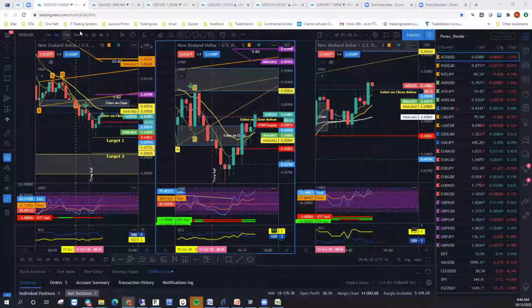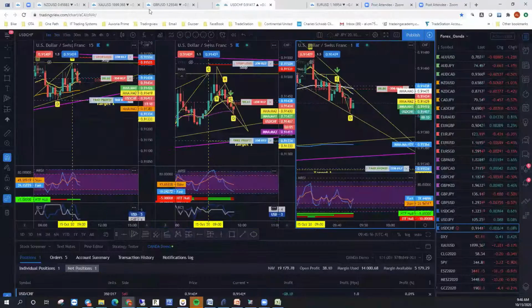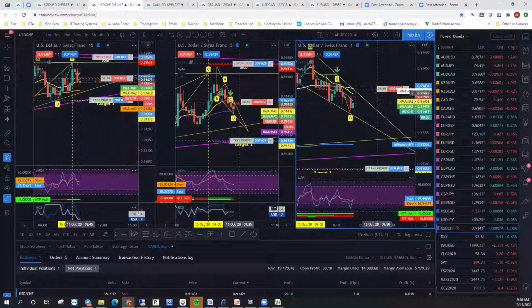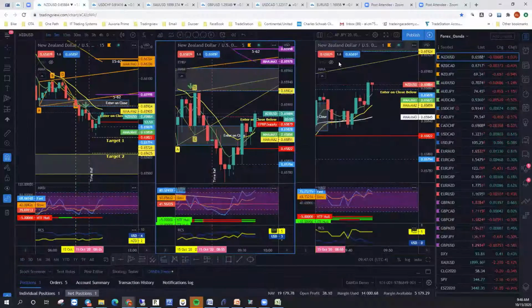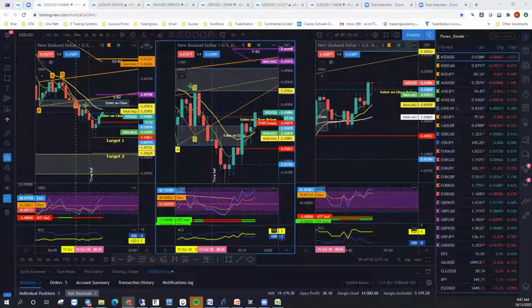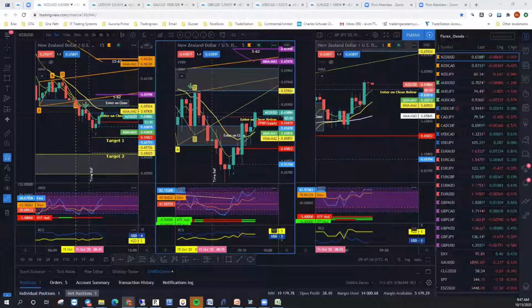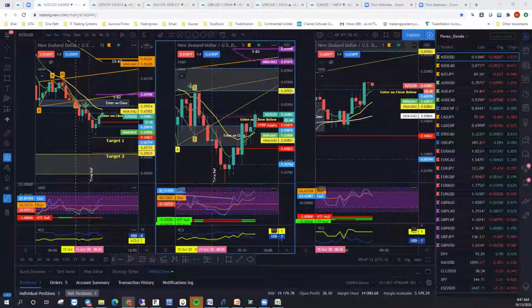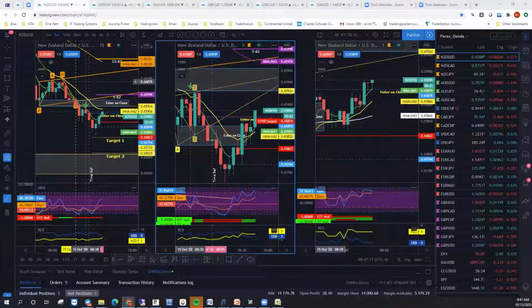Let's see. And the Swiss is still working in our direction. Now this part with the Swiss could just be a pullback.